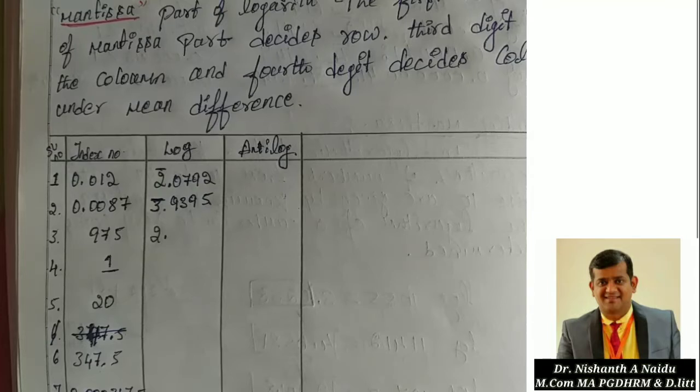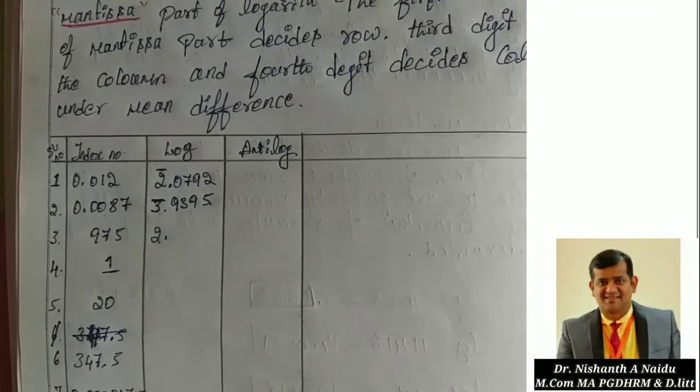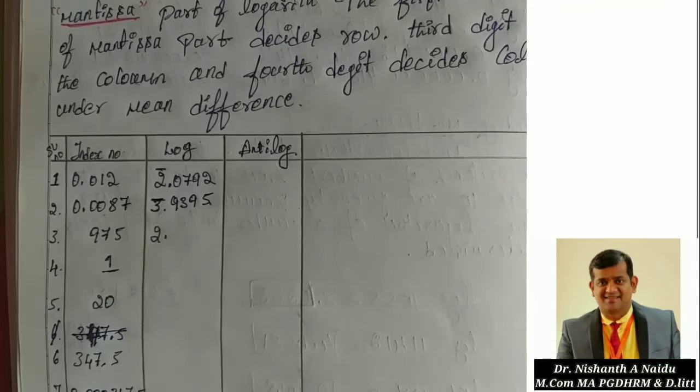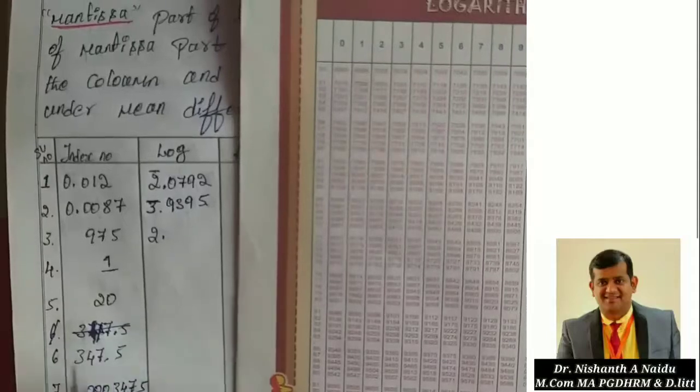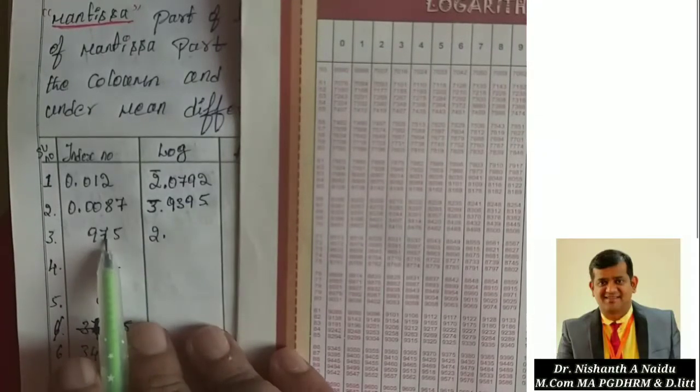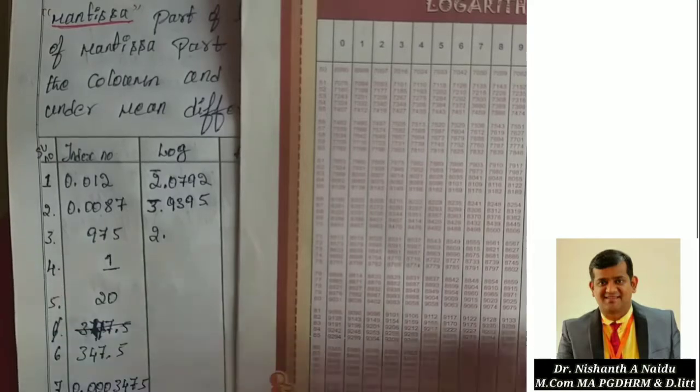You are going to identify in the 97th column, 5th row, for 975.